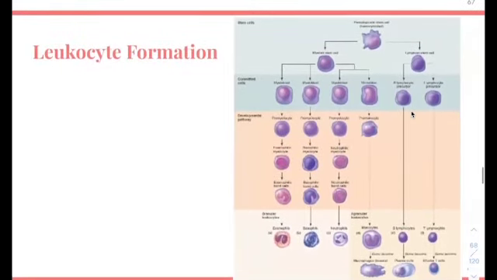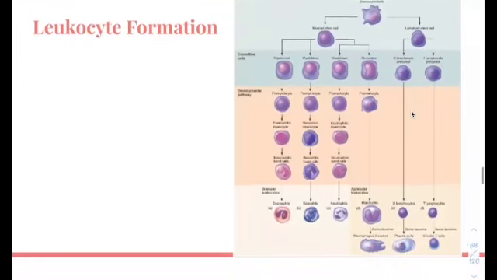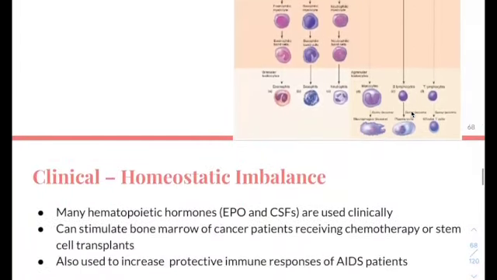And here's the different formations of the different white blood cells, how they get from their stem cells to their mature white blood cells that get released into the system.